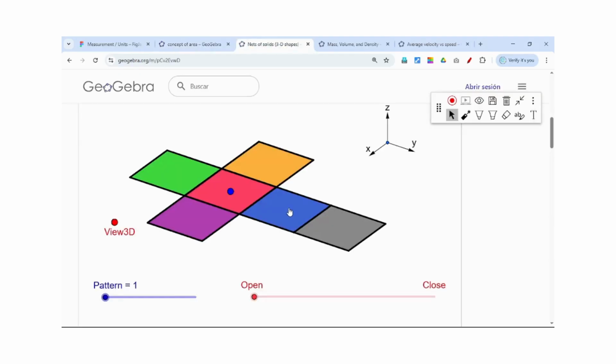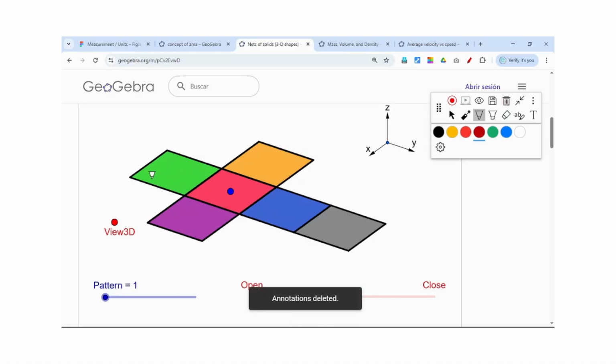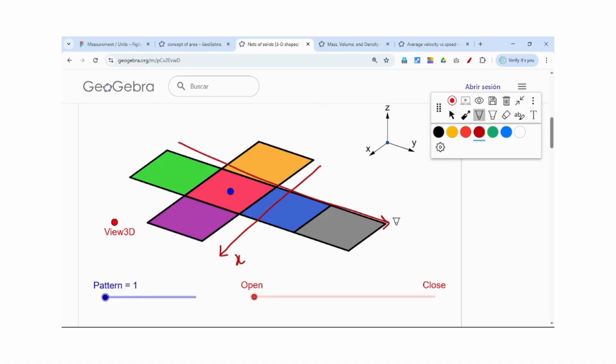Now in case of 3 dimensions, in this picture you will see there are 3 axes, x, y and z. These are the directions in which a particular dimension is measured. Now if we see this object, this is in direction x and this is direction y.